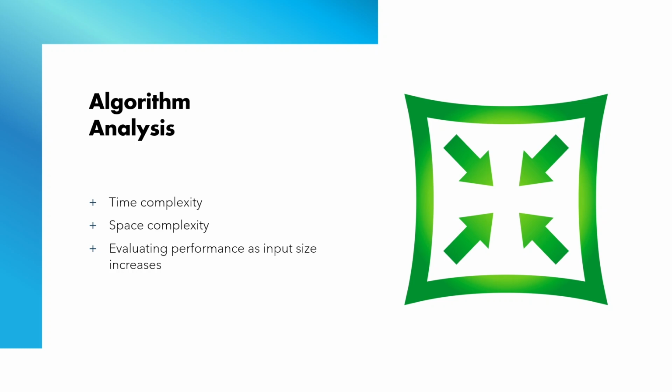First, we want to understand how the time needed to solve a problem grows as the problem becomes larger. Second, we want to check the amount of memory the algorithm needs while it is running. We'll call these the time and space complexities. So by analyzing the space and time complexities, you can tell whether an algorithm is efficient or not.